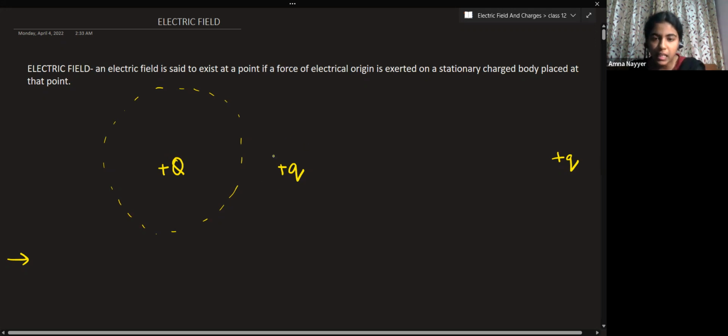If I bring this positive q charge in the space of this circle that I have drawn, the boundary where the electrical properties can exist, these dotted lines just represent that only in this area electrical activities can be felt.